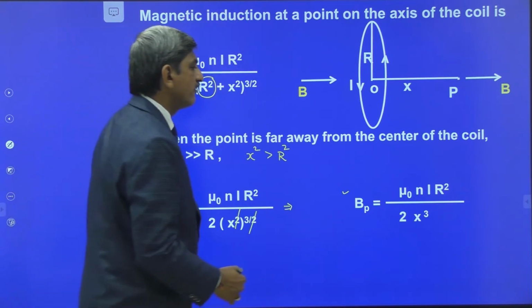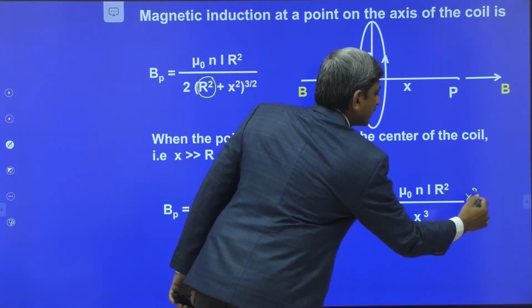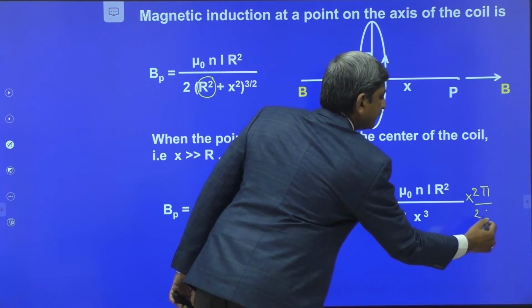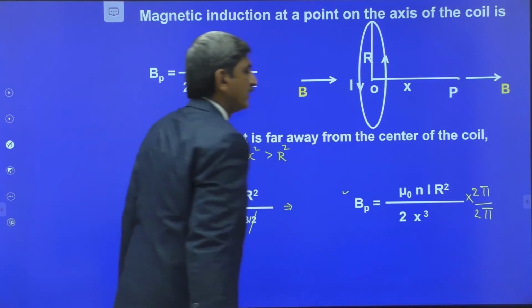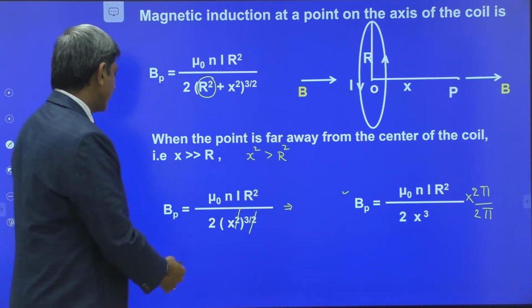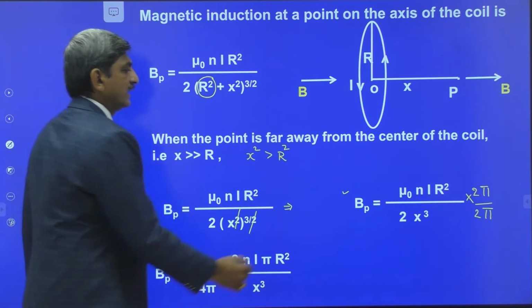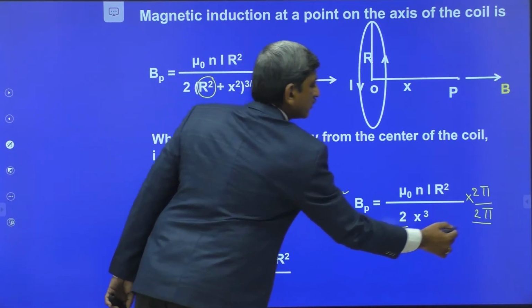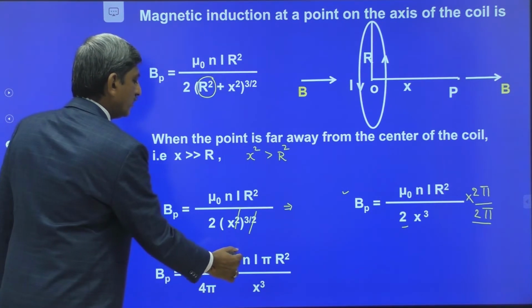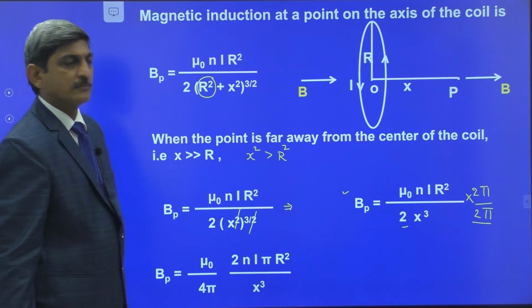So this is the field produced by the coil at a distance far away from the center of the coil. For the sake of convenience, let us multiply this one and divide this one with 2 pi. Now, by rearranging the terms, the equation can be written as Bp is equal to mu naught by 4 pi. This 2 into 2 pi is equal to 4 pi. Mu naught by 4 pi into 2 N i pi R square divided by x cube.